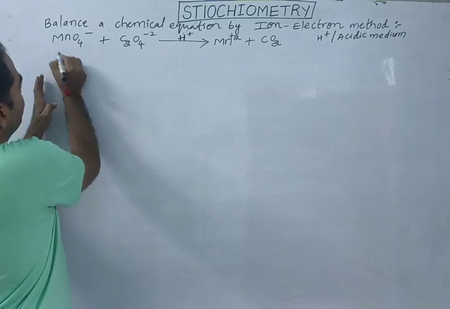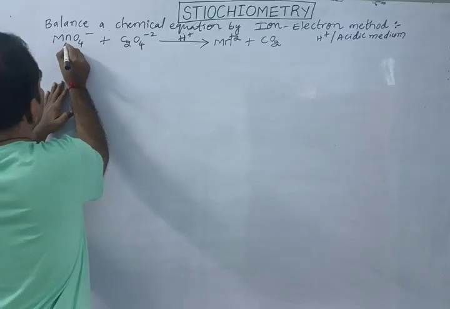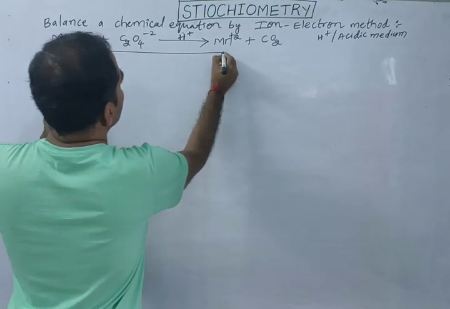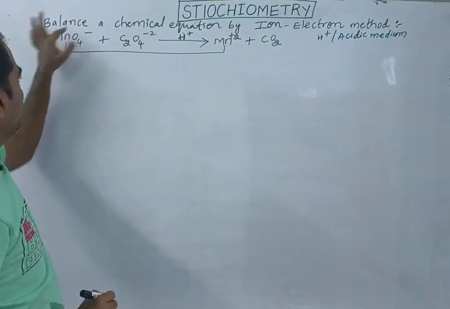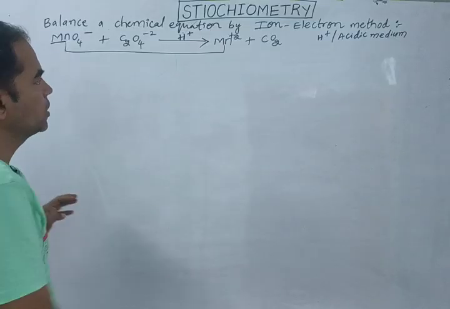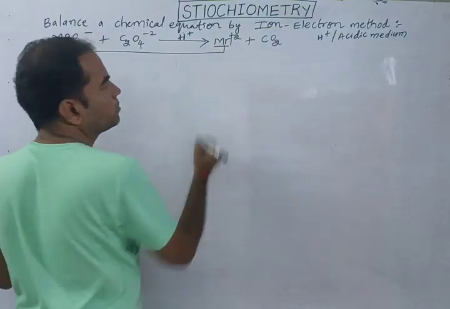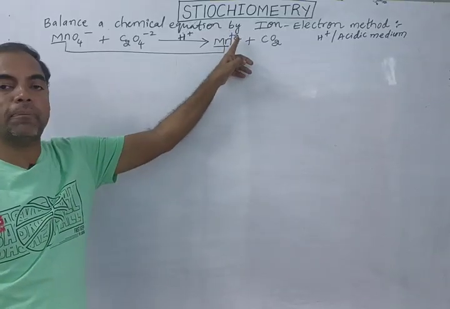See here the MnO4 minus term, here Mn. What is the oxidation number of Mn in MnO4 minus ion? Here the charged species Mn 2 plus has oxidation number plus 2.